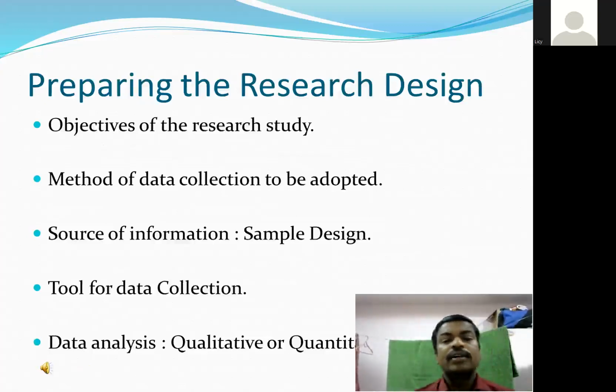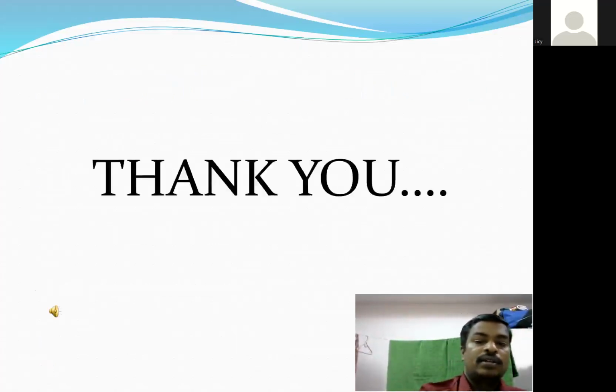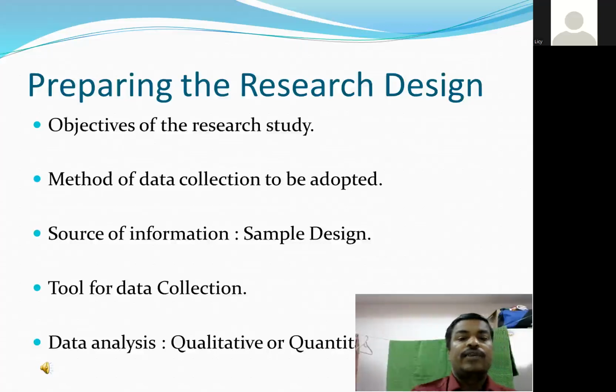Before preparing a research design, we consider various kinds of structures: objectives of the research study, method of data collection to be adopted, source of information, and then tools for data collection and data analysis, that means qualitative and quantitative data. And this is a way of finding research designs.